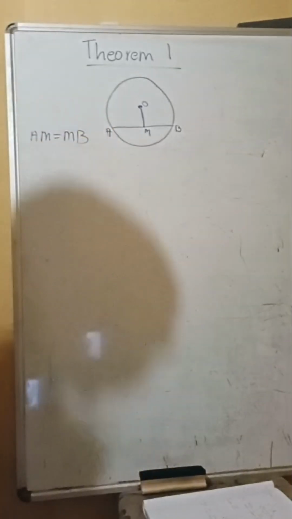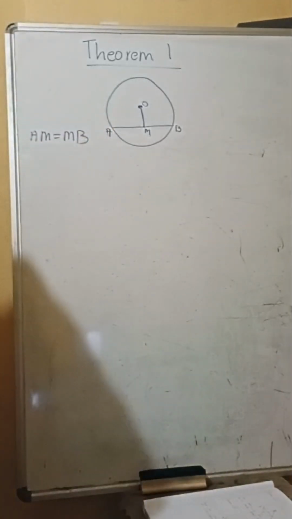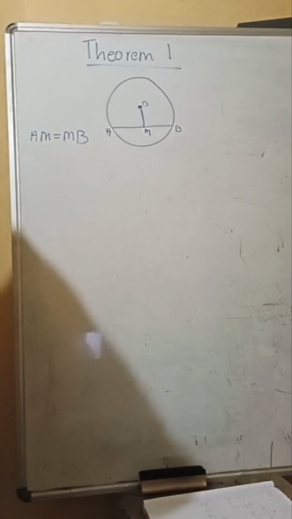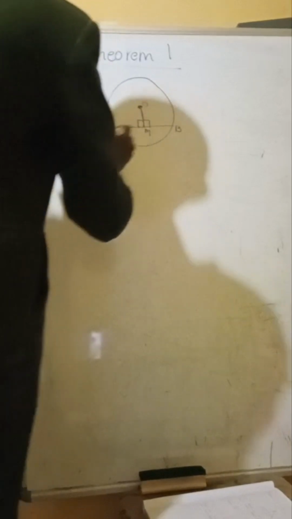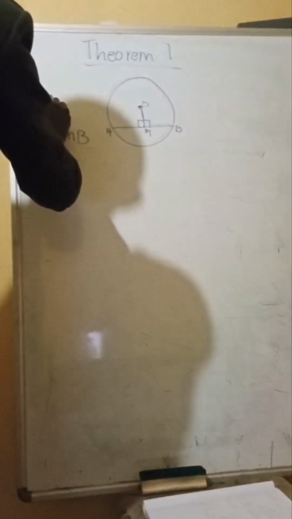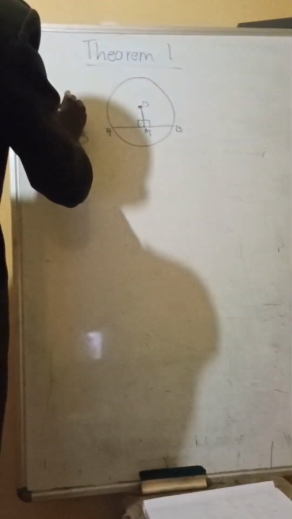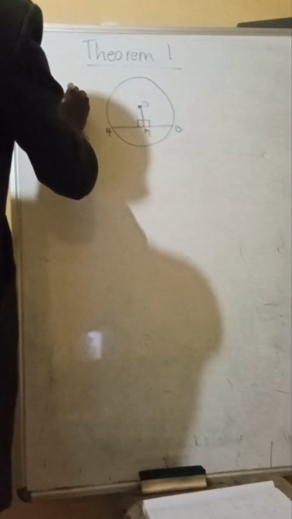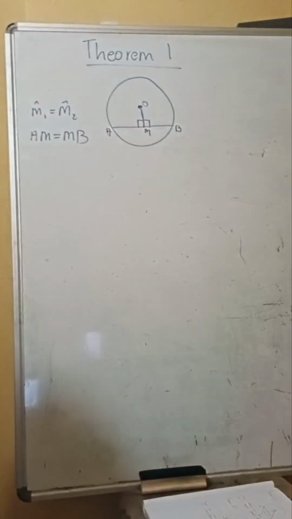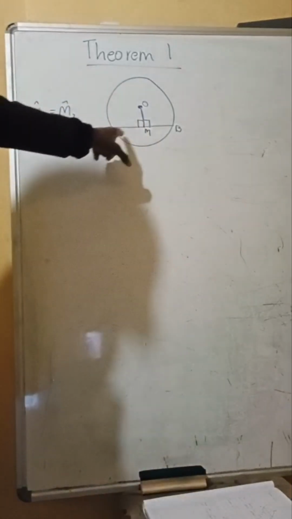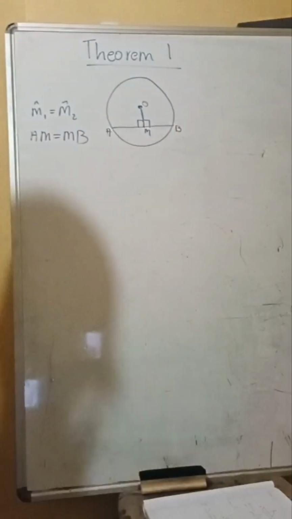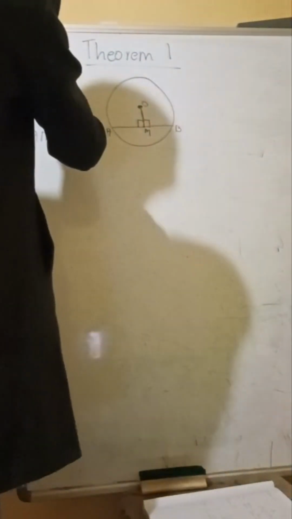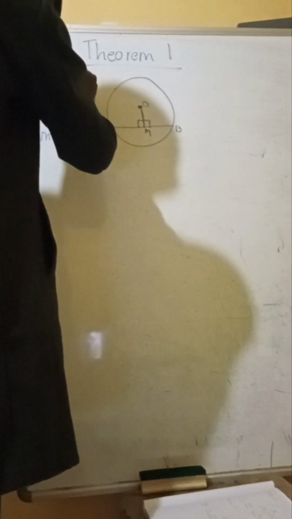They will say you must prove this. And then they will give you that this side is equal to this side. Let's say they say M1 is equal to M2. This one is given. Now they say you must prove that AM is equal to MB. This is proof 1.